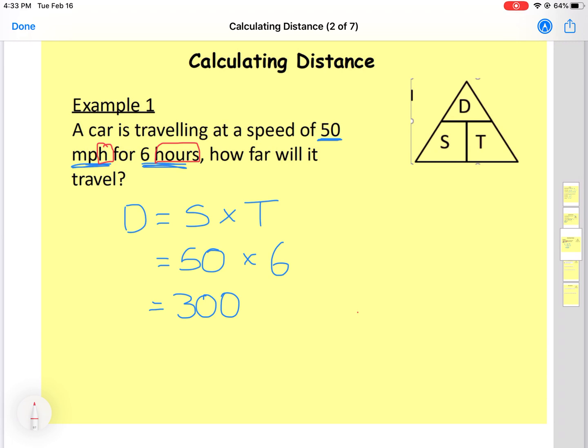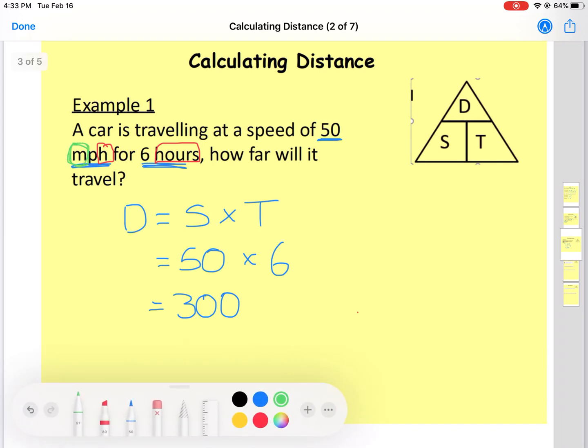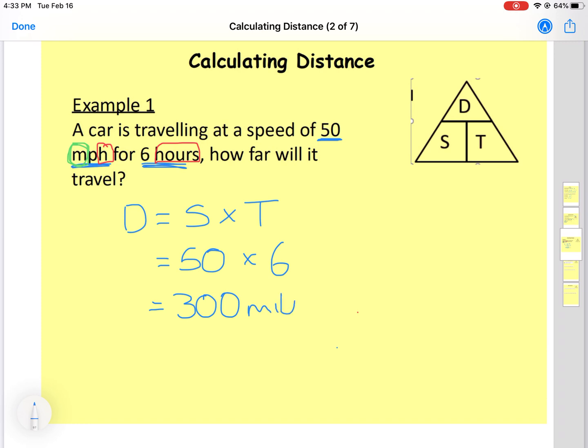That's the reason that I can use these numbers exactly as they are. The two time quantities are the same. But I'm also talking about miles per hour. Therefore, mph, generally we take that to mean miles per hour. So I'm talking about miles per hour, therefore it has to be 300 miles. So not kilometres, metres, anything like that, miles for this particular question.